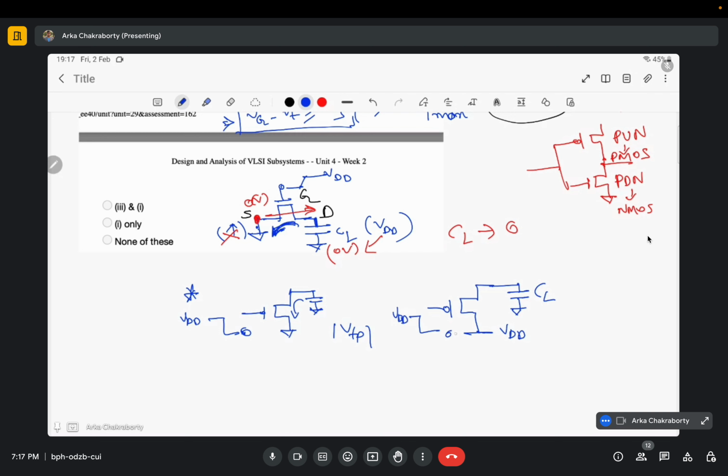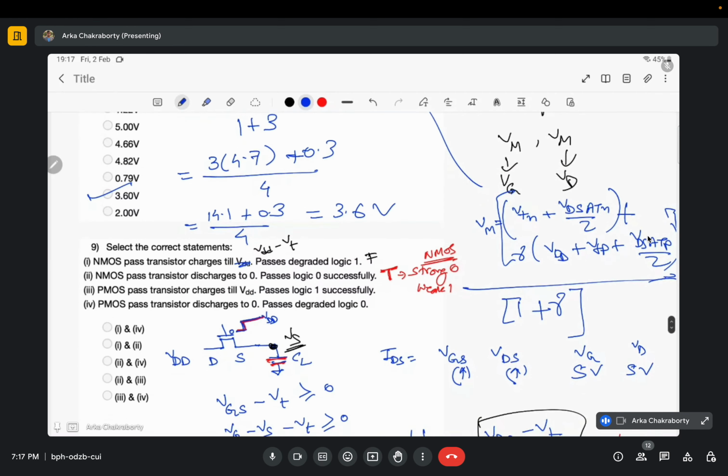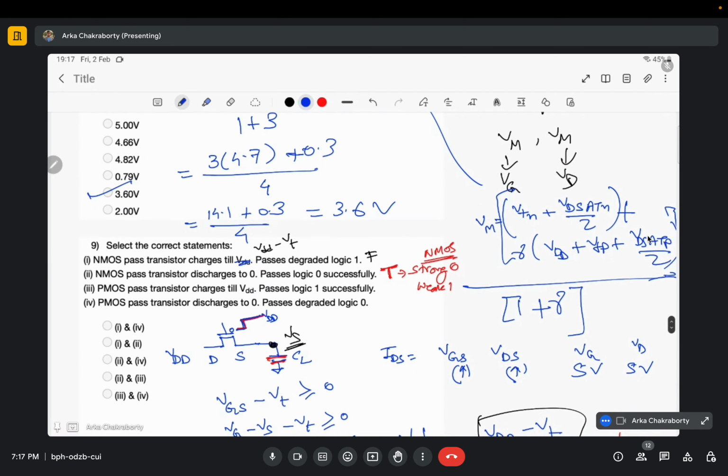It would be able to charge it completely up to VDD. That's why PMOS circuits are also called strong 1 or weak 0. Okay, so PMOS pass transistor charges till VDD, passes logic 1 successfully. It is also true.